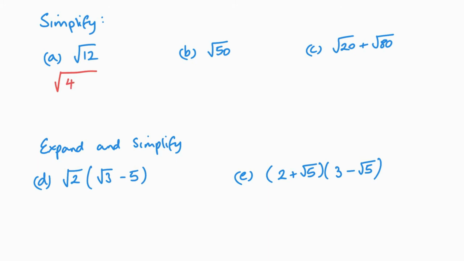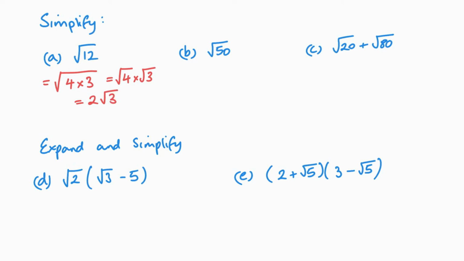So I know 4 is a square number and it's a factor of 12. 4 times 3 will make 12. And then what I can do is I can split this up. Square root of 4 times square root of 3. Square root of 4 is 2. So we get 2 root 3, as we can't do anything with the root 3.